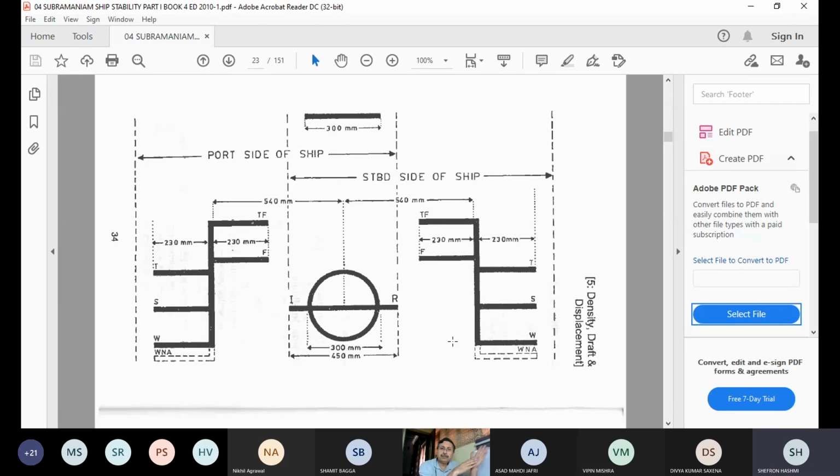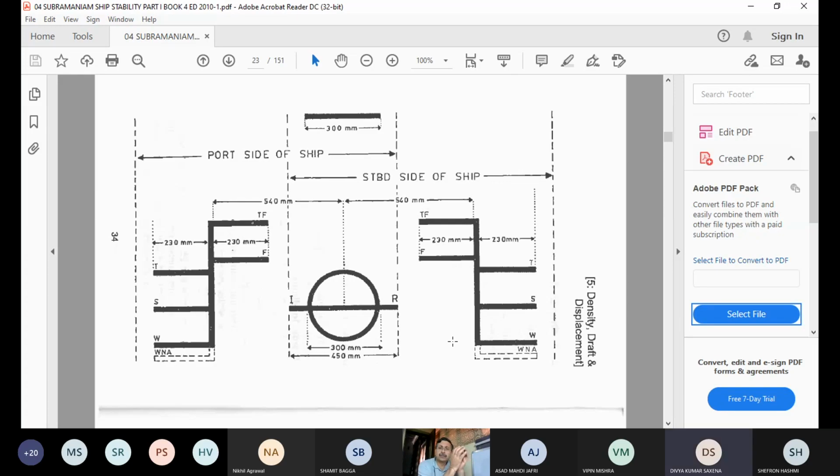Think again. Let me repeat the question. You are loading in UK winter, discharging is in Chennai tropical. How much will you load in UK so that your load lines are not submerged?